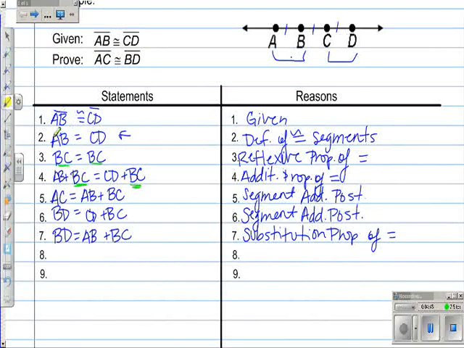Again, that's since these two things were the same, I could replace this CD with AB because we already know that they equal each other.